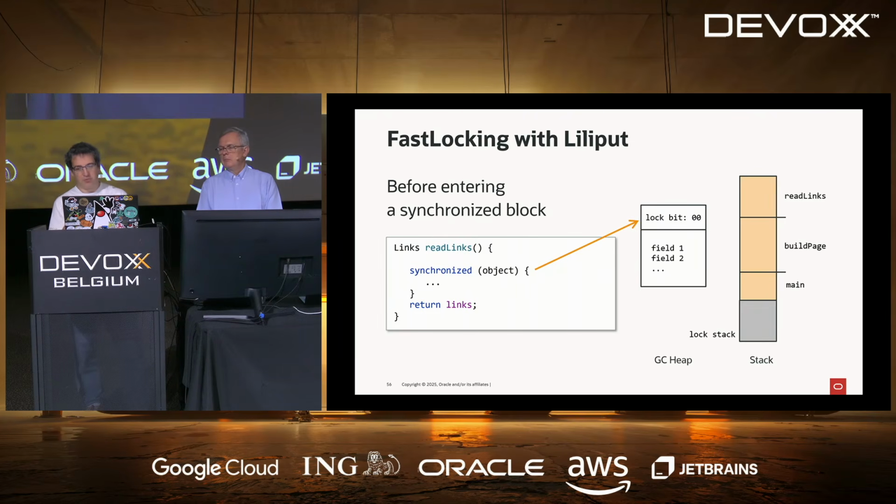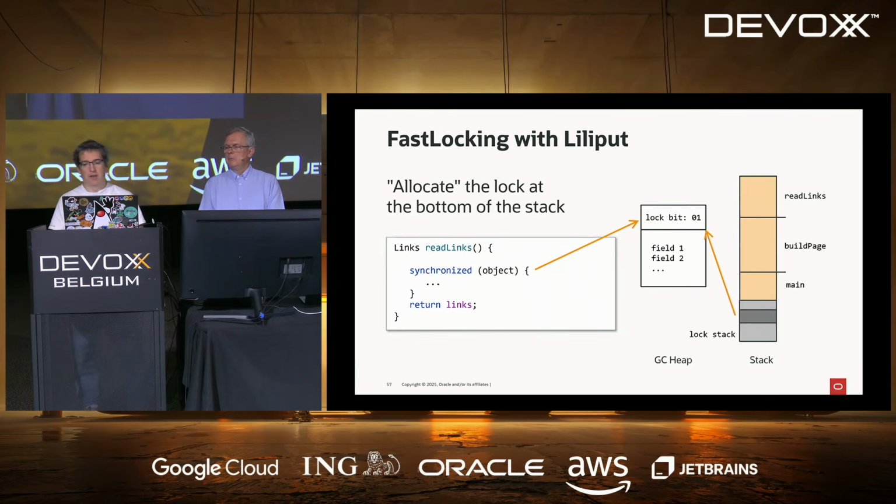We have something called the lock stack, which is, I think it's 8 by default, 8 values that are free to store pointers in them. And when you want to allocate a lock, basically you can use the space inside the lock stack.